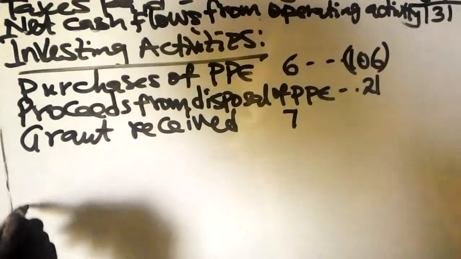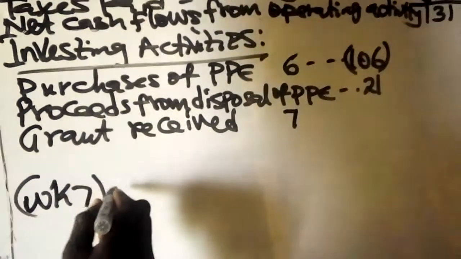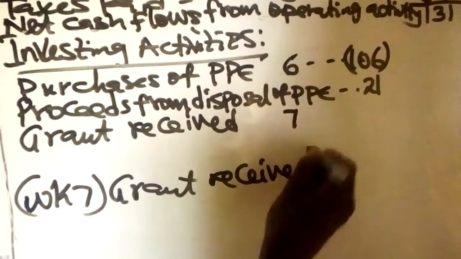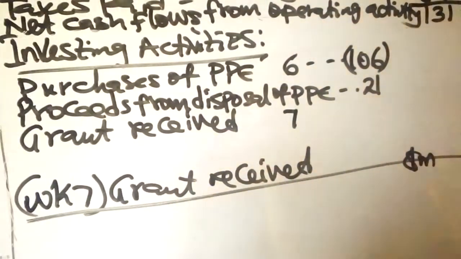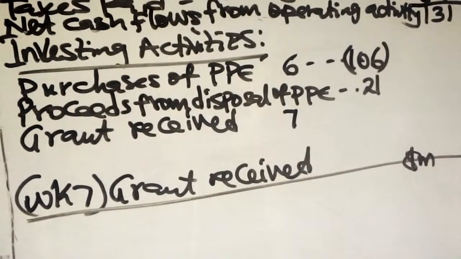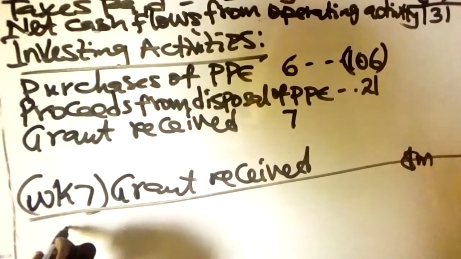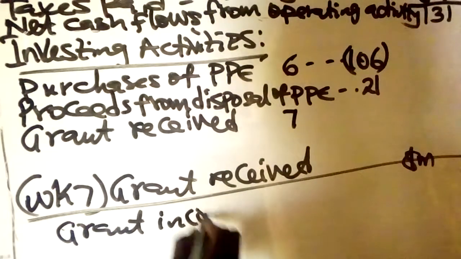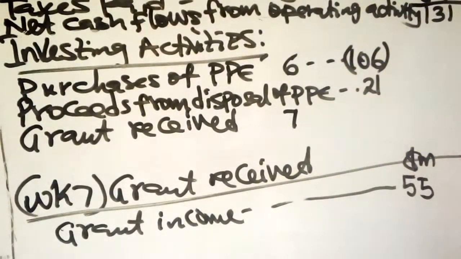So working 7. We now have grant received. You know, grant is an income. So we now have grant income, which has been credited to operating expenses, of 55 million.